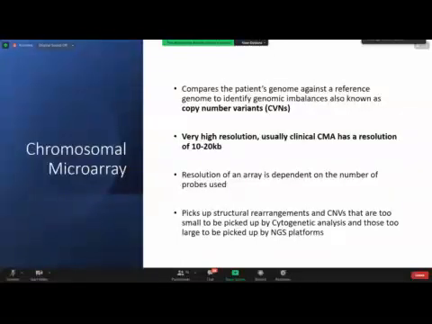For example, we have the SNP6 microarray. SNP6 had 1.8 million markers, but then we have 250K, we have others. So it depends on the type of microarray that we are using. So it compares the patient genome against the reference genome.